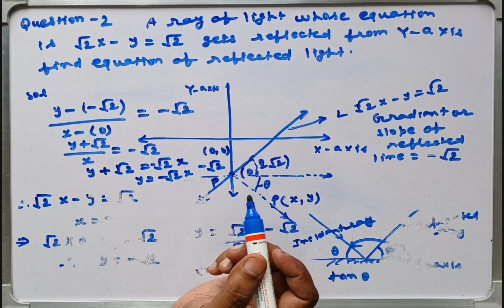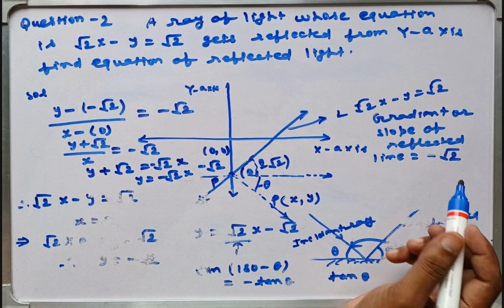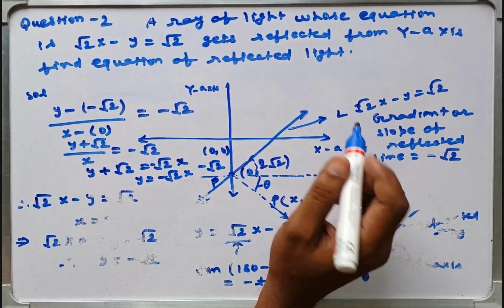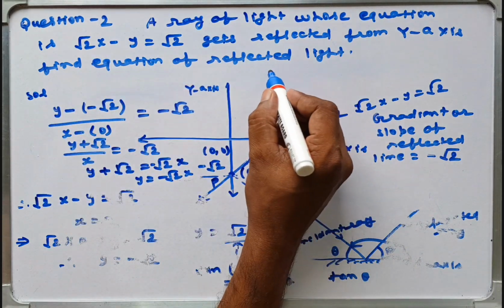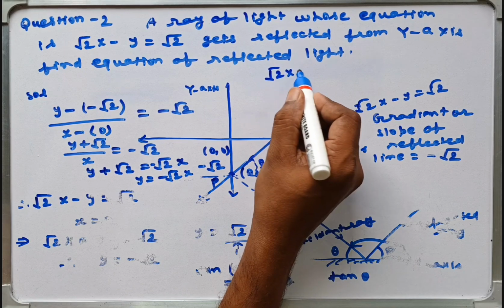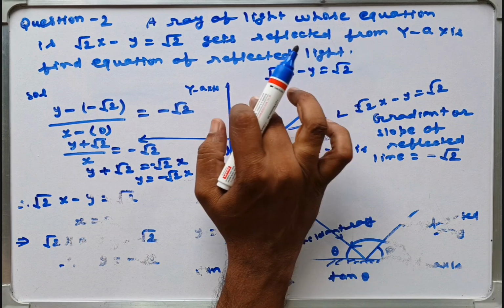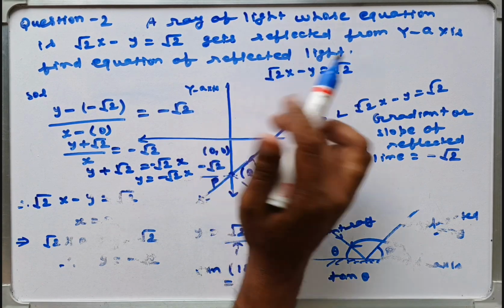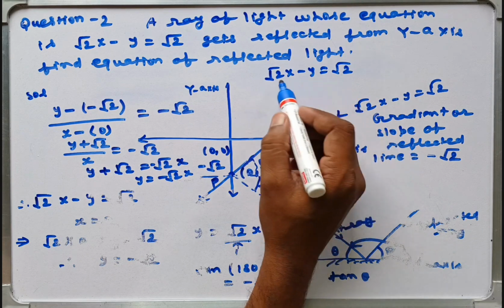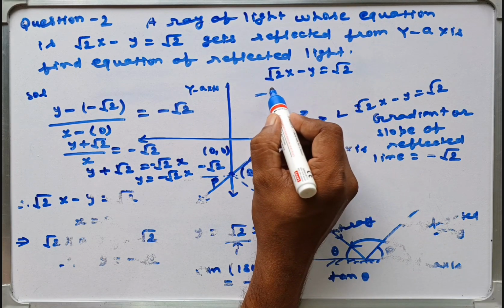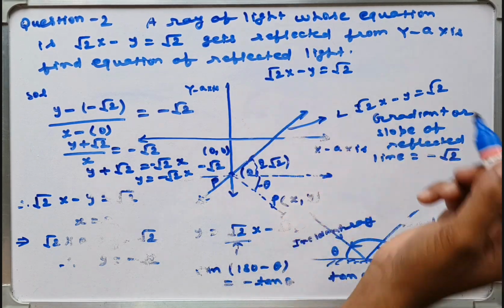So finally, what we conclude here: if you see such a type of question in an examination, and it is reflected from the y-axis, then all the values will be the same, only the gradient comes with a negative sign.